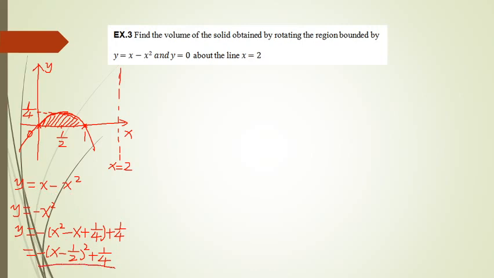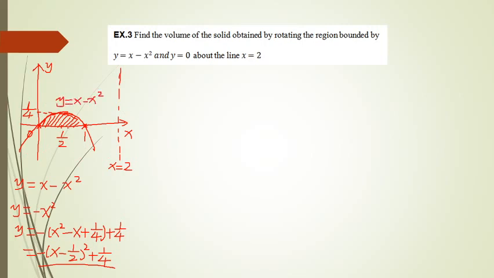That means you shift the minus x squared parabola 1/2 unit to the right and 1/4 unit upward. So this parabola can be obtained. Then we shade this region. The curve is y equals x minus x squared.